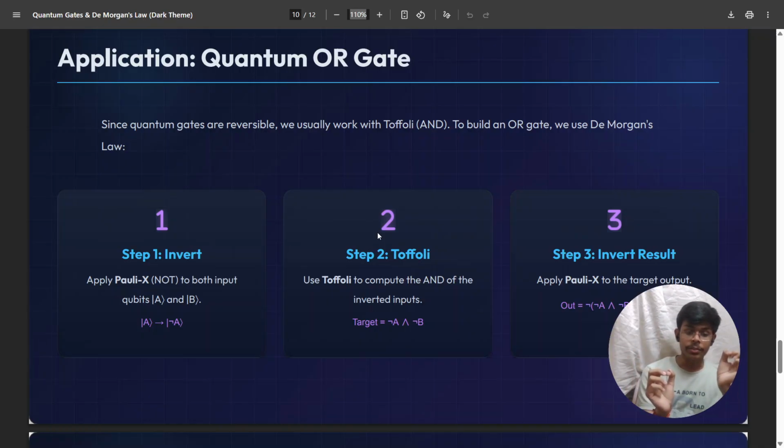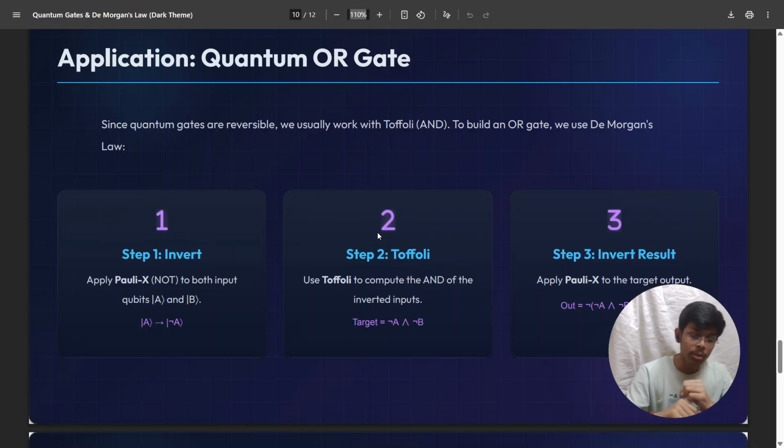Step 2, the operation. We feed these inverted qubits into the Toffoli gate, so we have not A and not B. Step 3, the result. We apply one final Pauli X to the result.